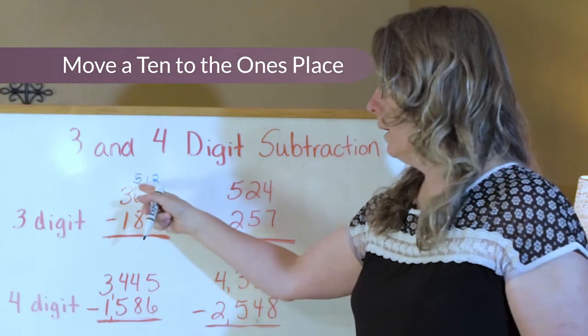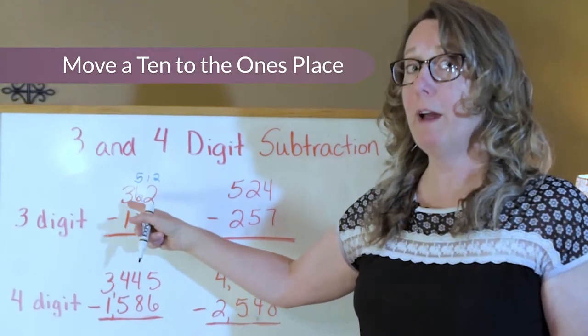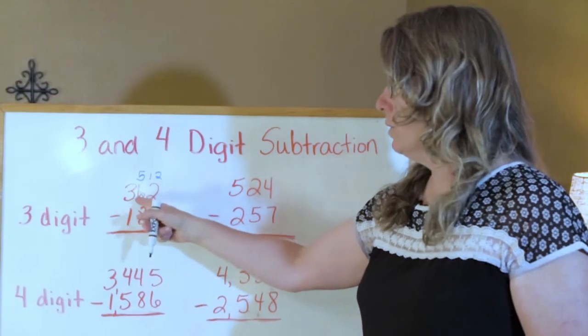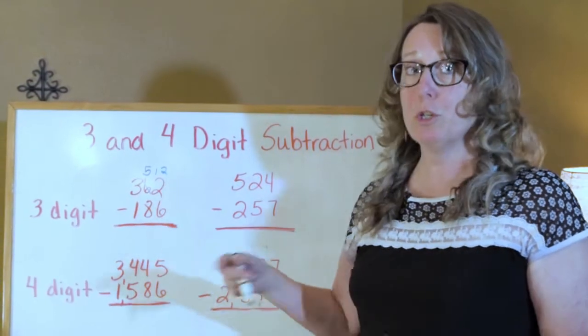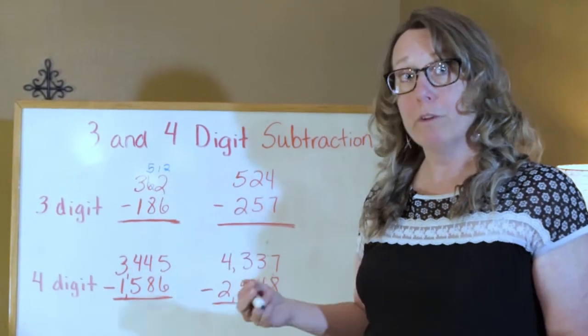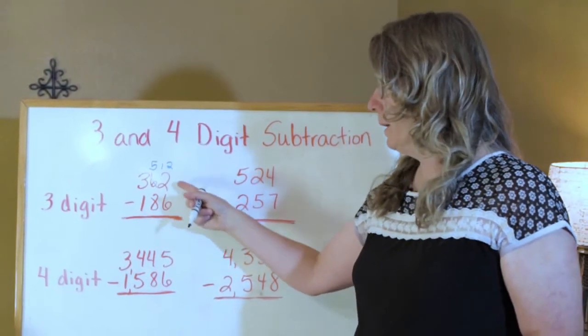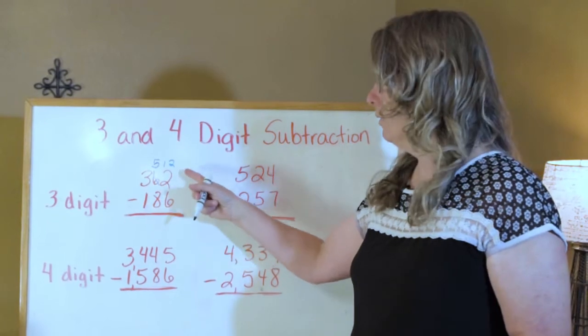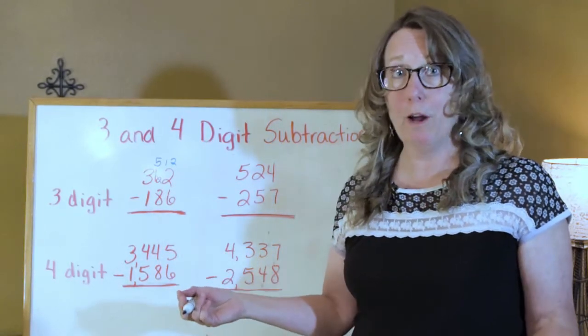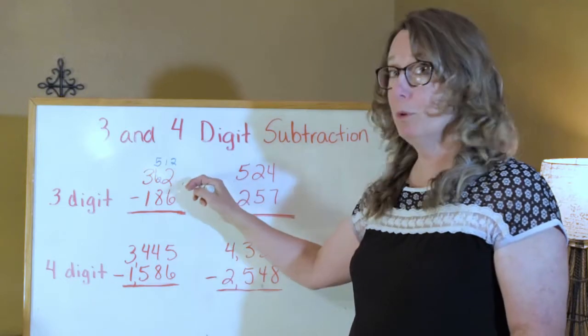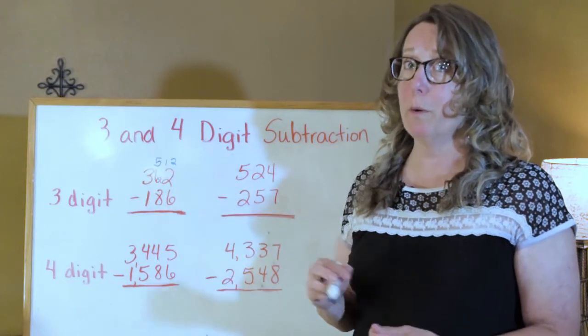So that's why we have to write a 5 here, because we had 6 tens. We took a 10, we stuck it over here, and now we've made the number 12. Now, of course, 12 is much bigger than 2 was, and it's bigger than 6. So now we can do our subtraction because we have moved a 10 over to the ones place.